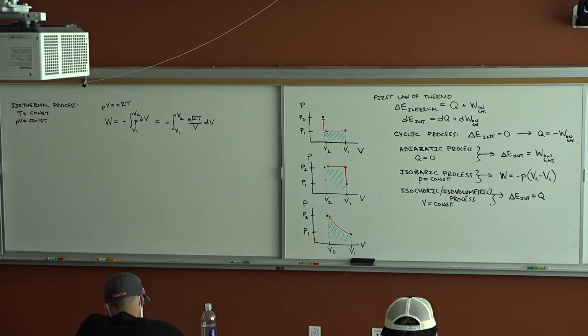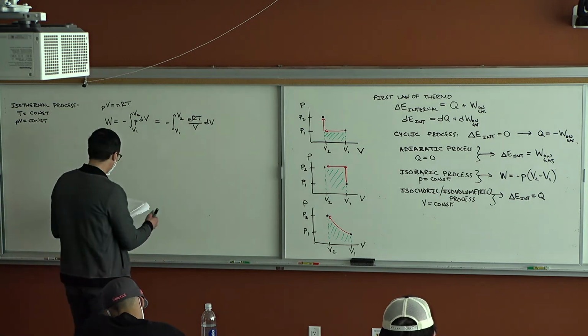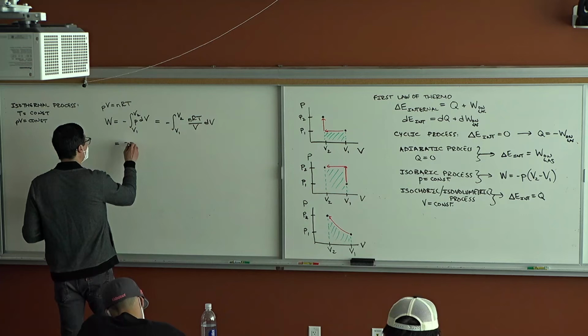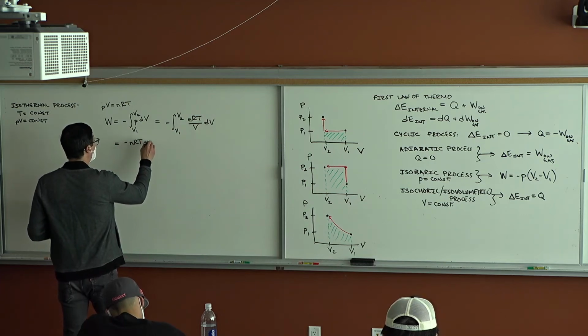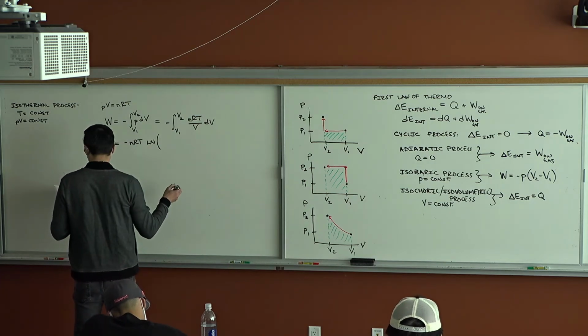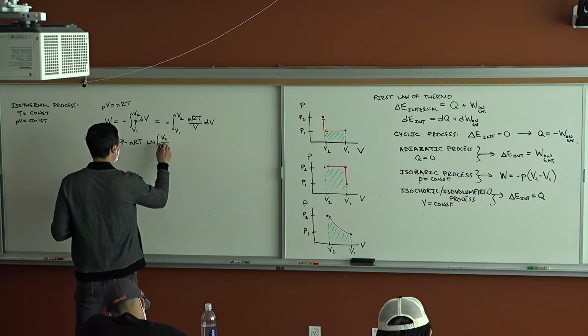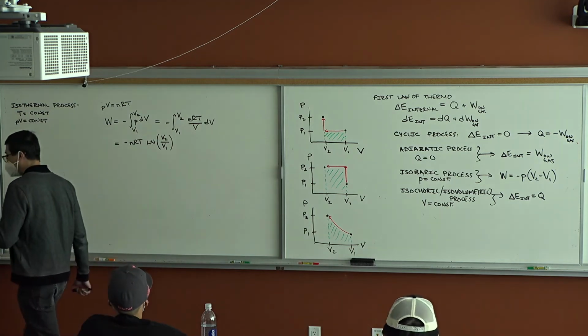And so I have the integral of dV over V, which looks like what? ln of V. So we can write this as minus nRT ln of V2 over V1.